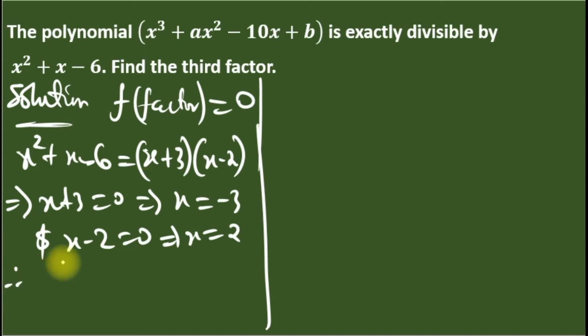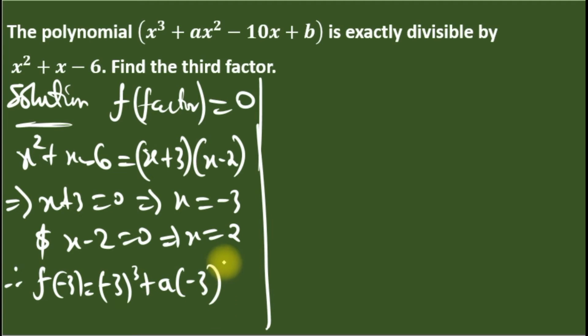So now, if you substitute f of minus 3, we have minus 3 raised to power 3 plus a times minus 3 raised to power 2 minus 10 times minus 3 plus b, which must give us 0 for it to be a factor. So let's finish up.